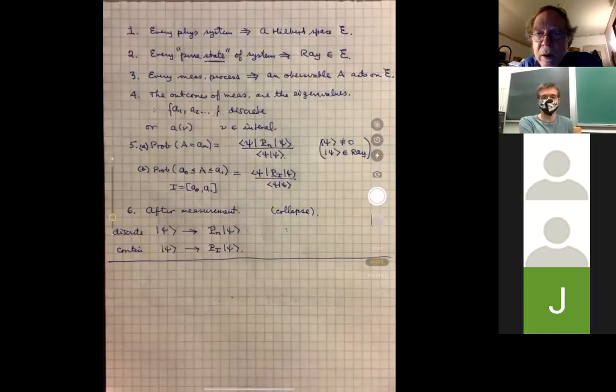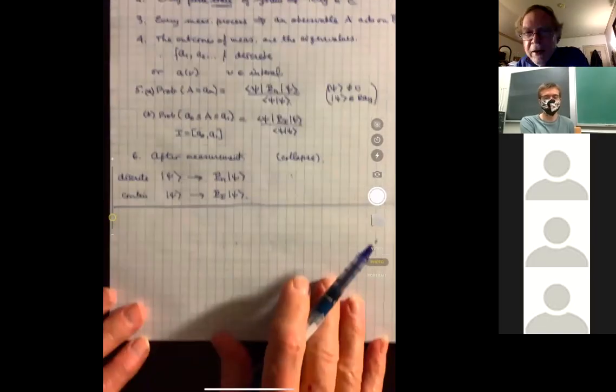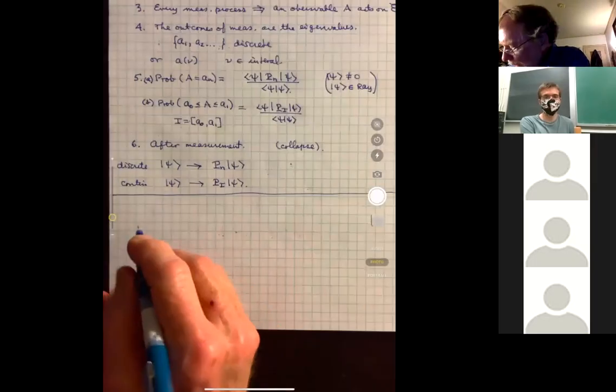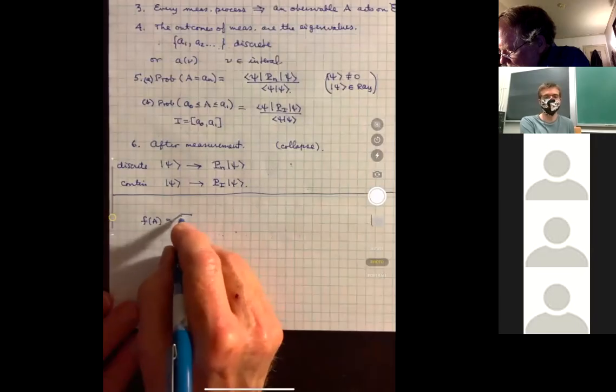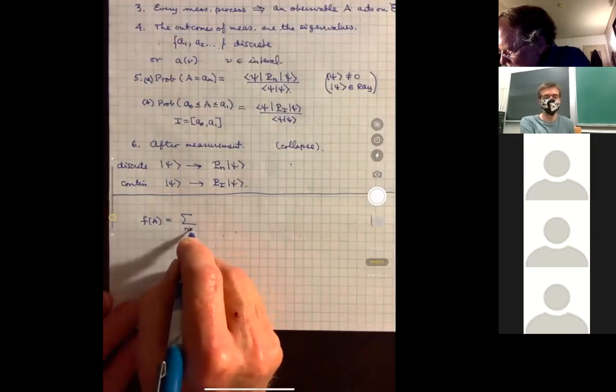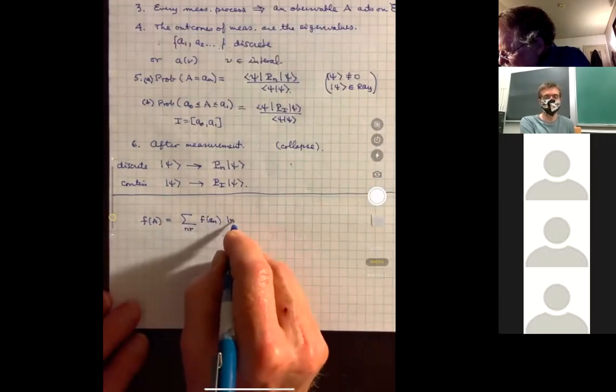I have a small question about the lecture, in the part on functions of an observable. Can you show again the formula you wrote? Because I think it's different from the one in the notes. I'd better write it out, because I made a lot of mistakes in writing it out. If I have f of A, it should be the sum over n and r for the discrete spectrum of f of a_n, then the outer product |n r><n r|.